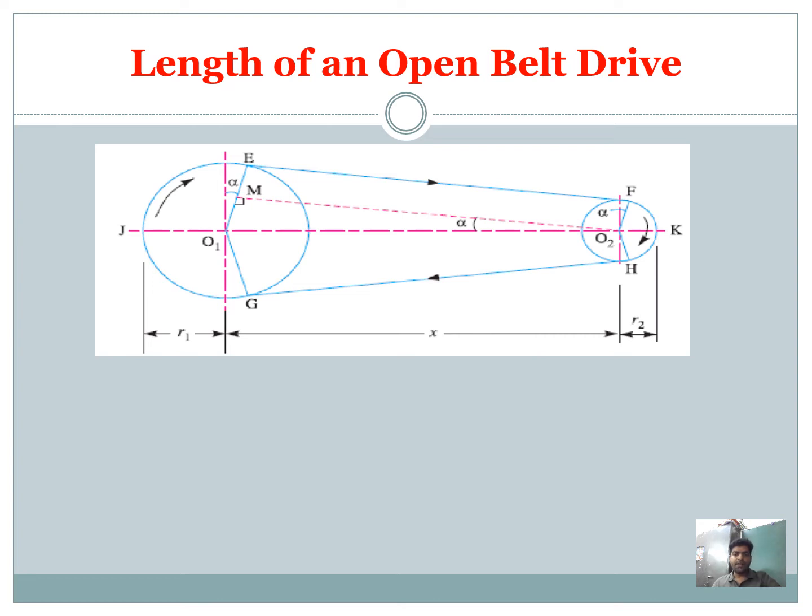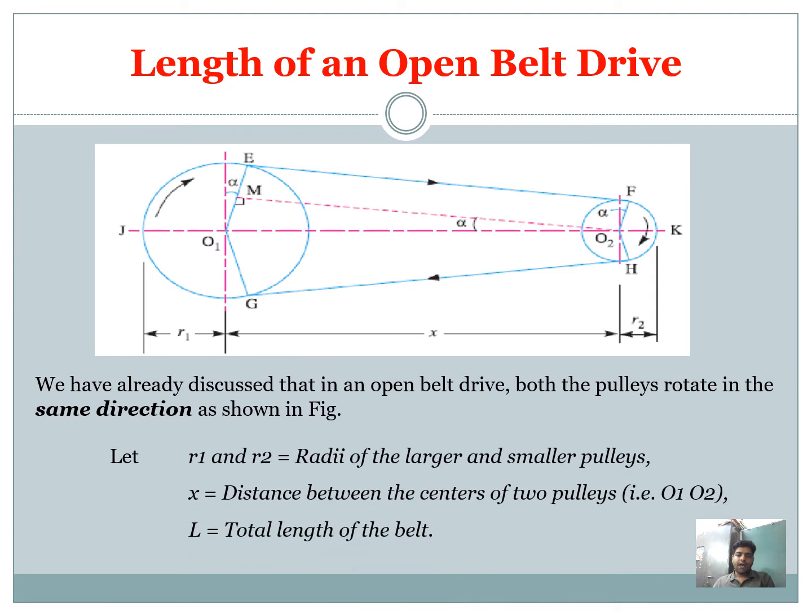In this figure, let R1 and R2 be the radius of the larger pulley and the smaller pulley, and x is the distance between the centers of the two pulleys.